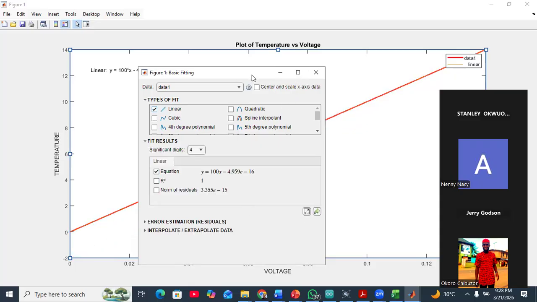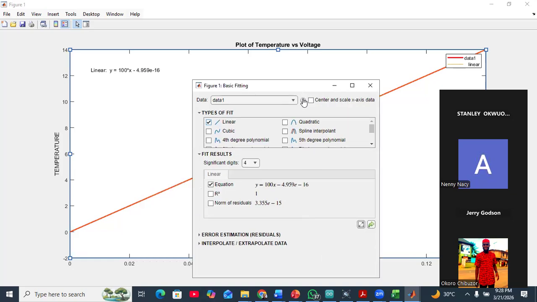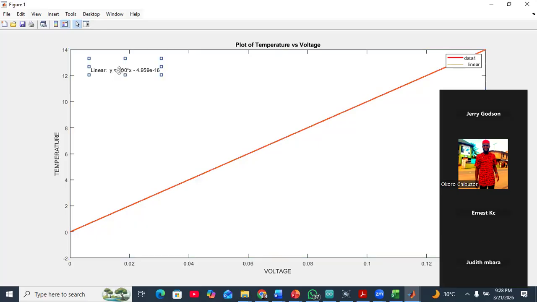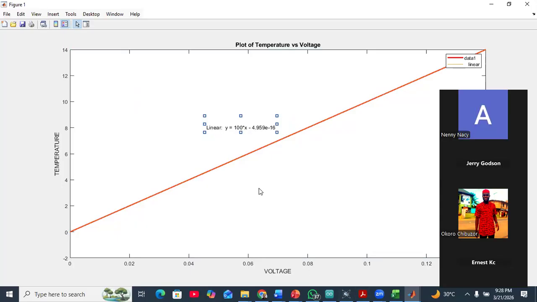Yes, sir. So it has just given us a model equation. This is the model of this graph. That is the model of this data.